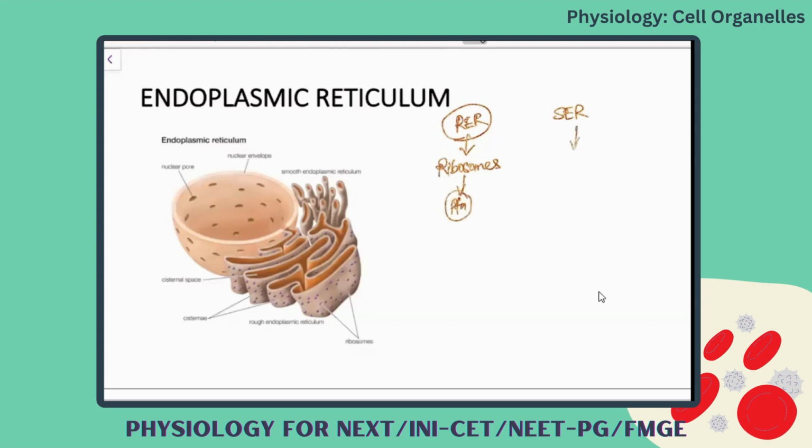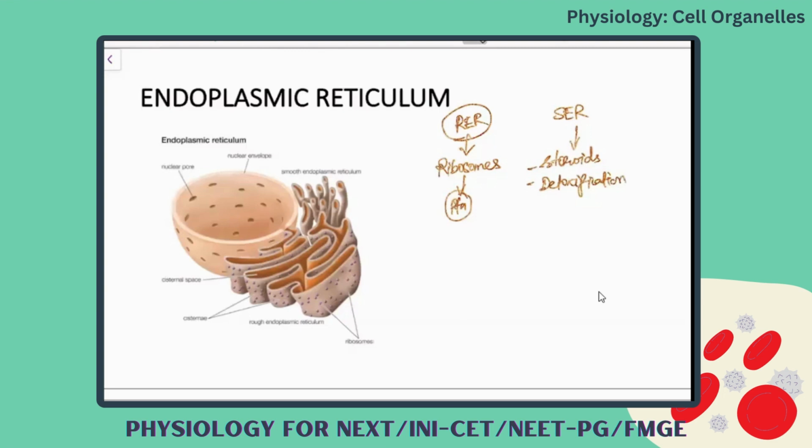And the smooth endoplasmic reticulum, how will the surface be? Very smooth. Are there any substances produced by the smooth endoplasmic reticulum? Yes, it is involved in the production of steroids, and it also has a role in the detoxification mechanism.